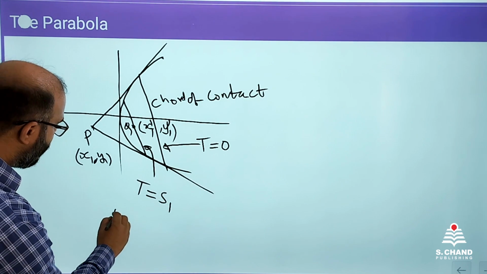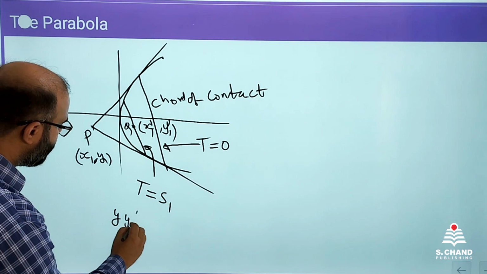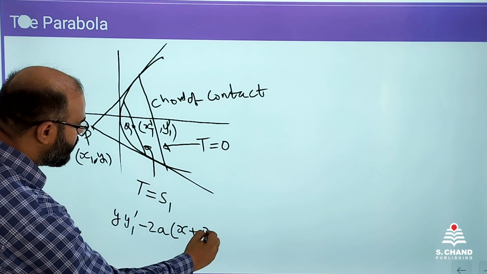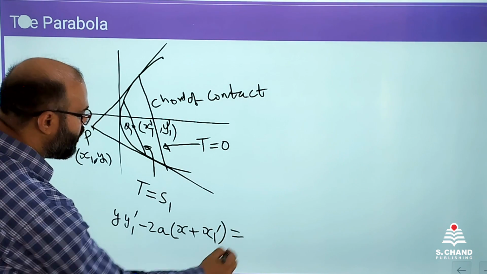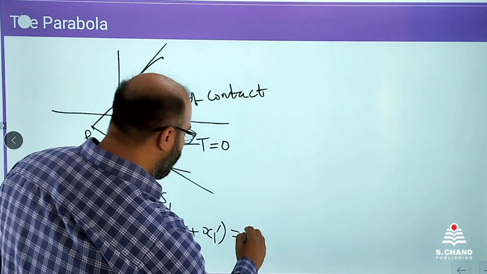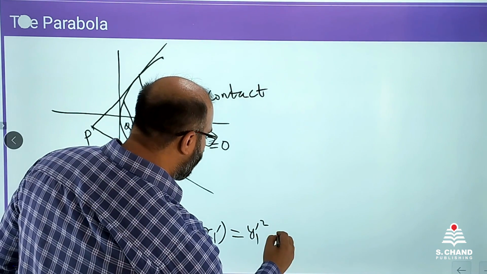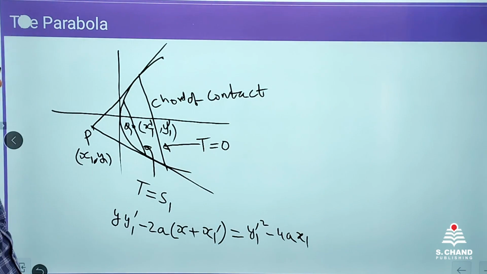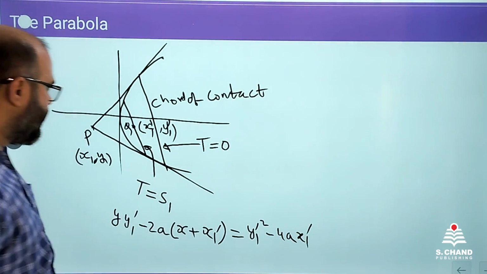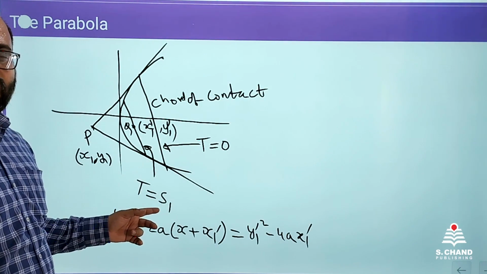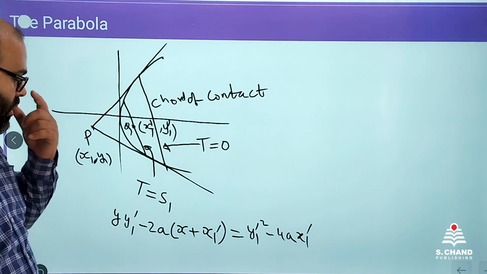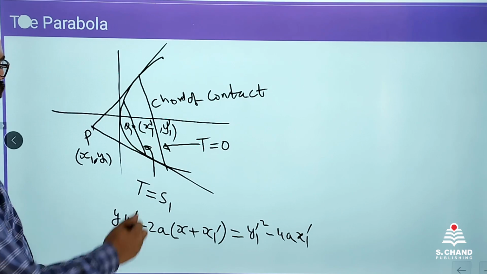So T = S1 will be y y1 minus 2a(x plus x1) equal to S1, where S1 will be y1 squared minus 4a x1, just replacing x1, y1 in the equation of the parabola y squared minus 4ax. So this is the equation of this chord.